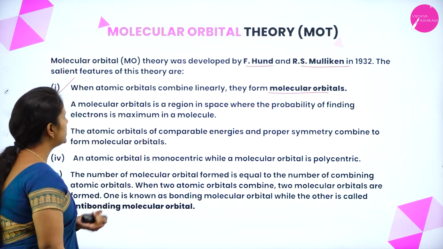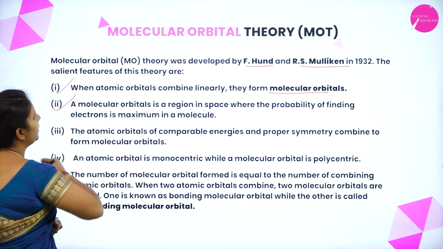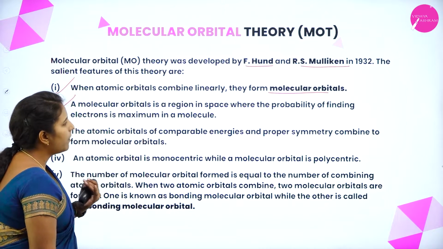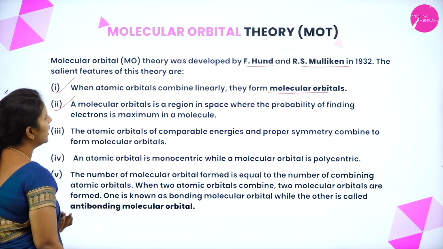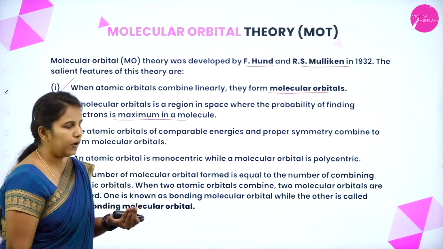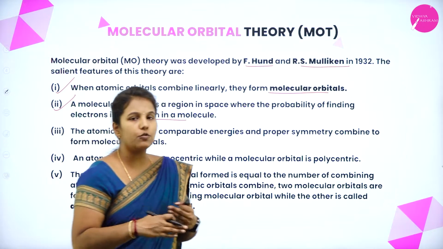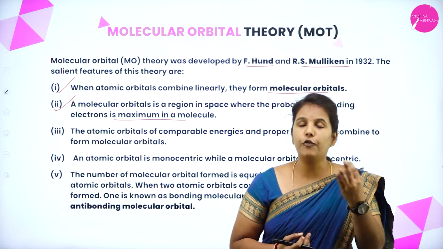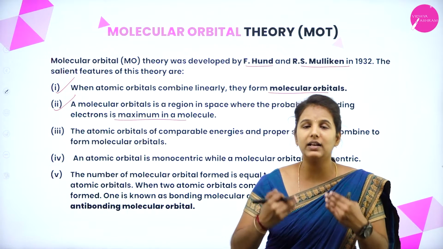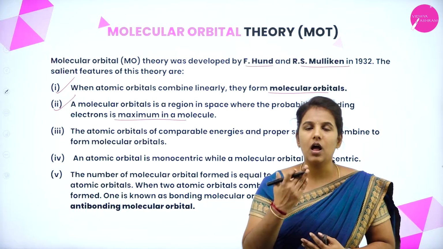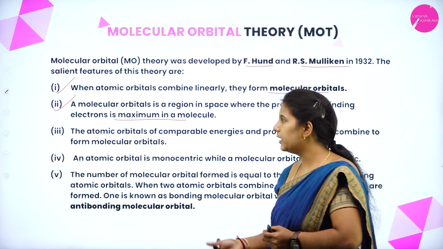The second postulate says that molecular orbitals are in the region of space where the probability of finding the electrons in a molecule is maximum. If the molecular orbitals are oriented in space, finding the electron which is there in each atomic orbital is very easy according to the molecular orbital theory.